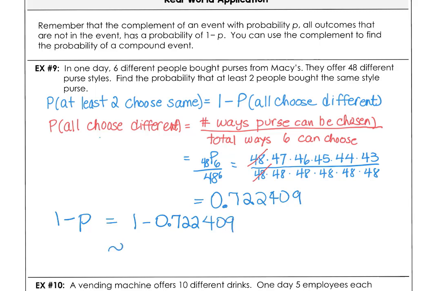So we find that that's about 27.8%. So 27.76% of the time you'll have at least 2 people buying the same purse.